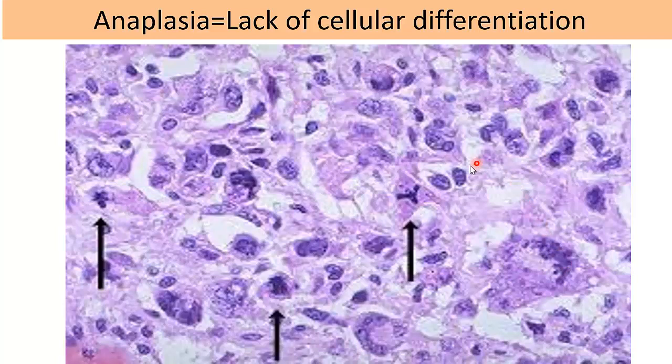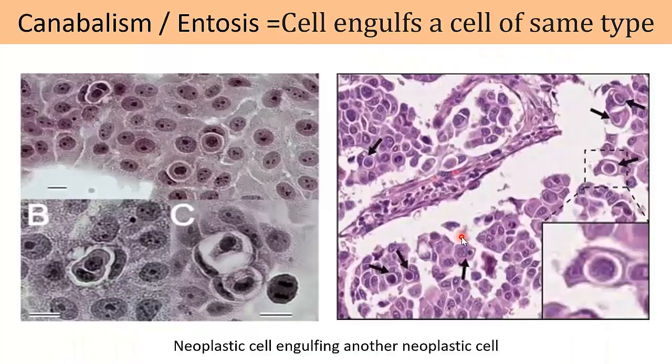And by seeing these cells, we cannot say which is the cell of origin. It could be adenocarcinoma, it could be squamous carcinoma, it could even be a sarcoma. So when there is lack of differentiation of the malignant cells, then it is called anaplasia. Anaplasia is a feature of high-grade malignancy.